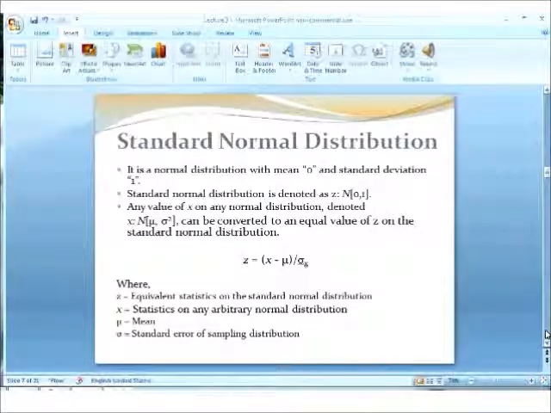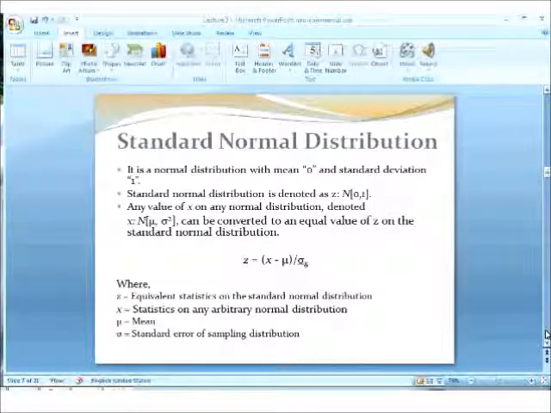They normalized the distribution, which means they said that a normal distribution has a mean 0 and a standard deviation of 1. So they converted any normal distribution we have to a standard distribution.